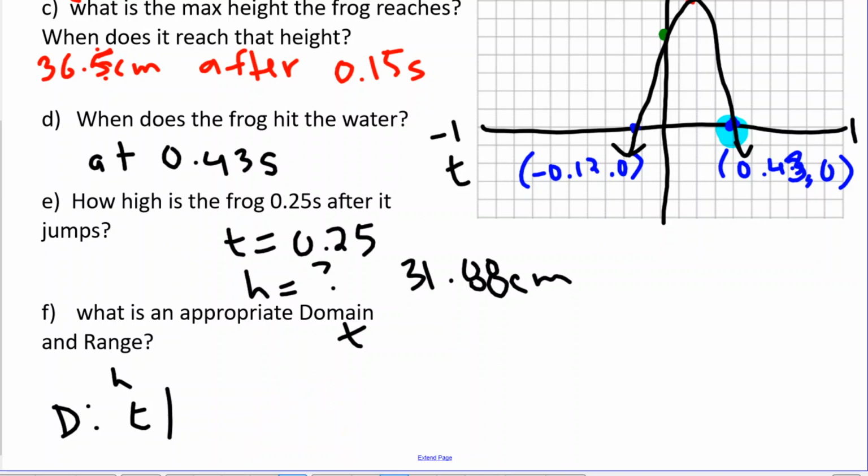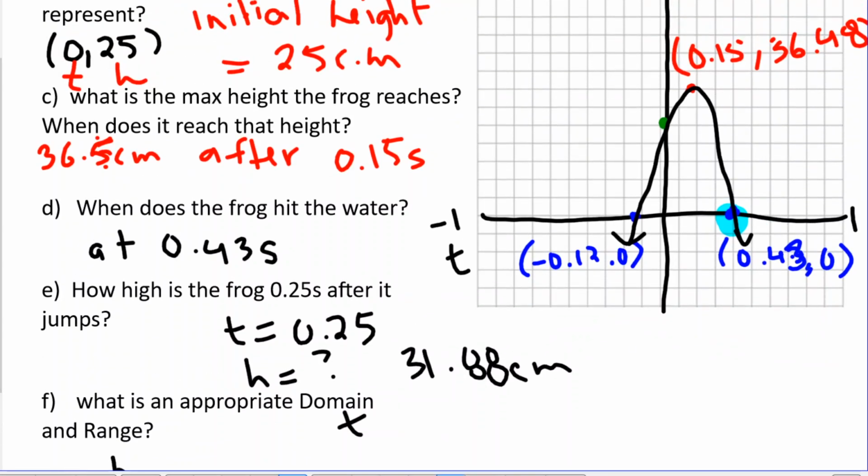No, probably not, right? And does it make sense to talk about the time before the frog got to the rock? No, because he probably didn't follow that parabolic path, right? If we look on our graph, this green spot is the start of the jump, and this is the end of the jump. So he follows that shape all through his jump.